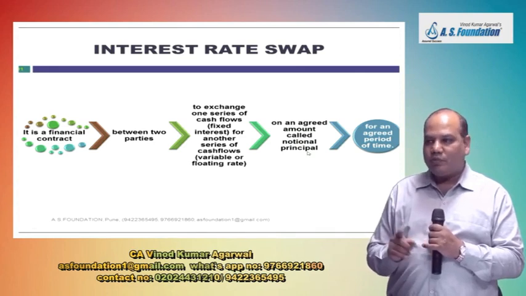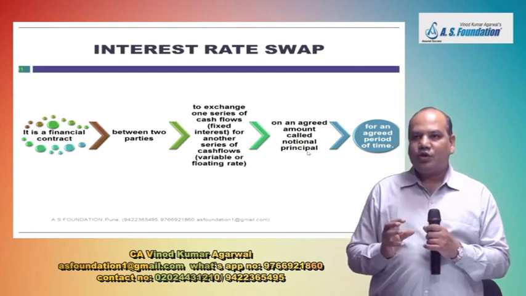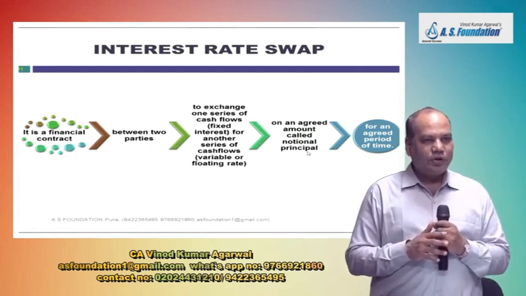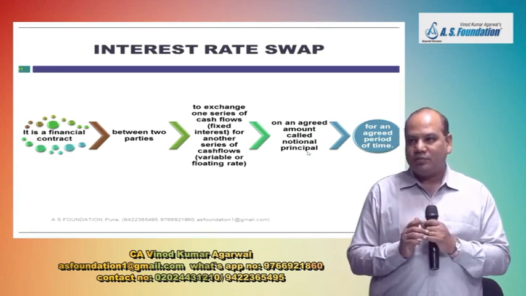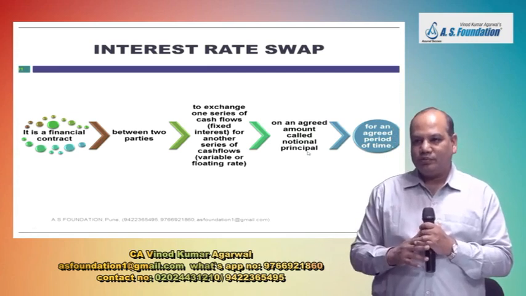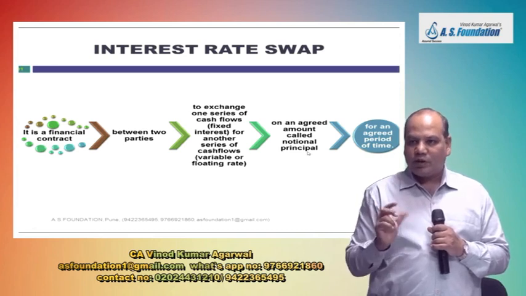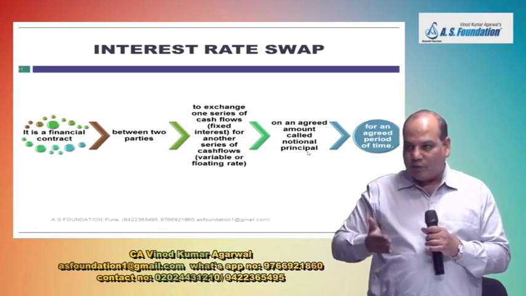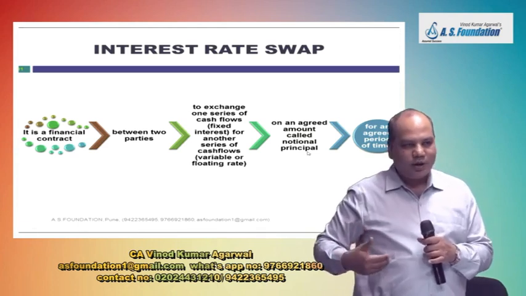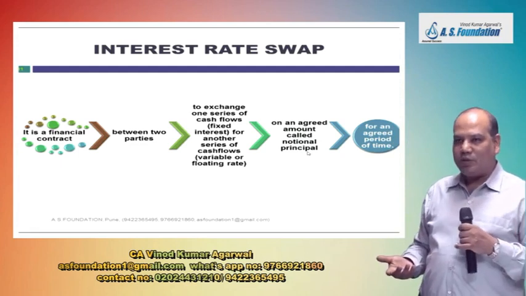Principal is not exchanged. And one more thing I need to tell you, they only exchange the difference. They don't even exchange the gross interest. There's no point in me giving you 11,000 and you giving me 10,000. So they only pay the difference, which is effectively the same. Is it right? So every period they will calculate how much amount is payable under fixed rate obligation, how much amount is payable under floating rate obligation.